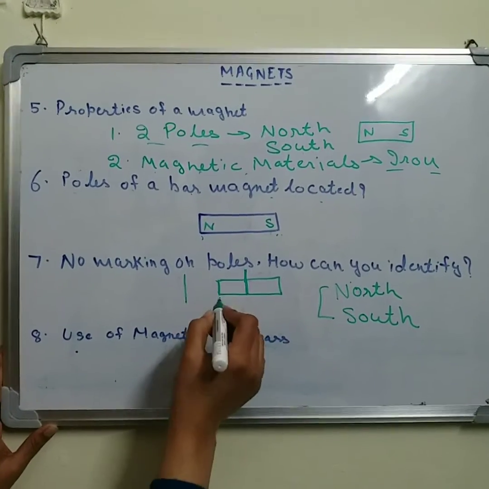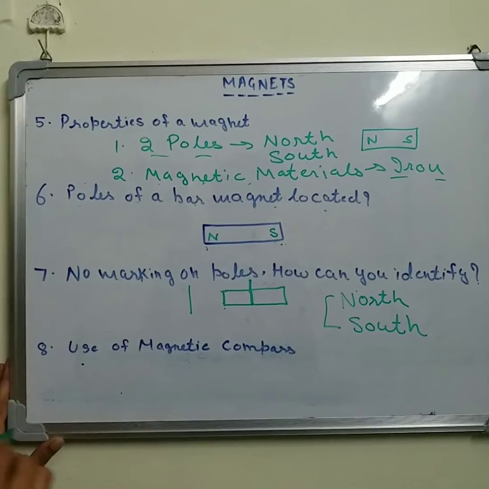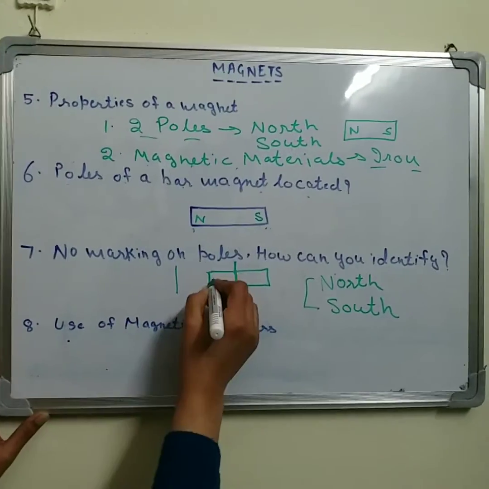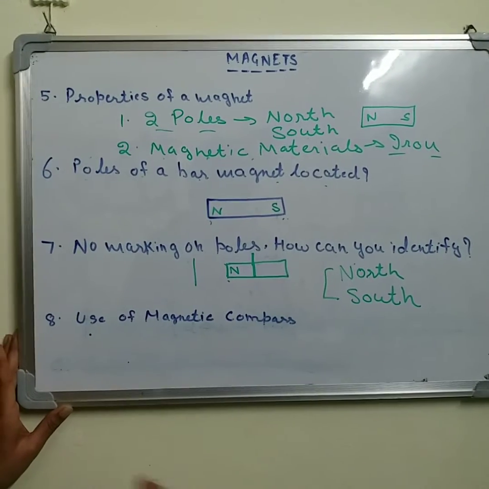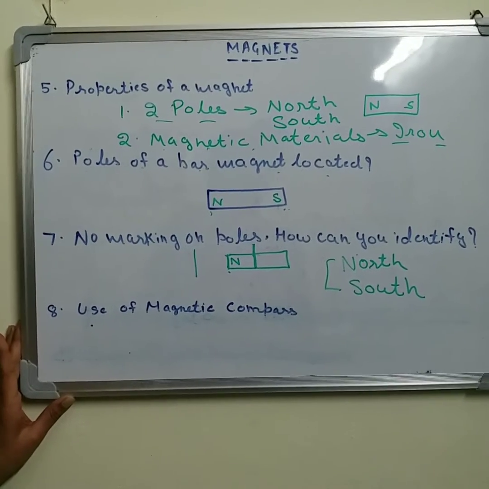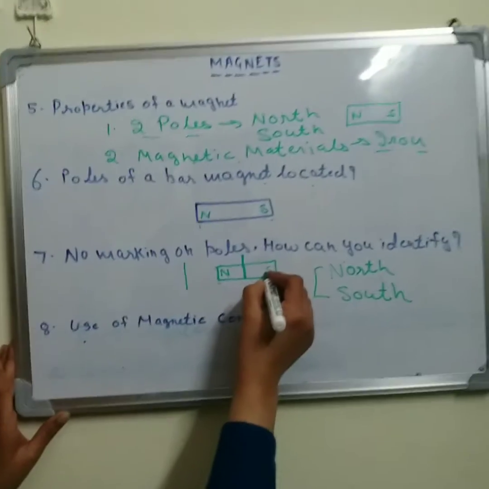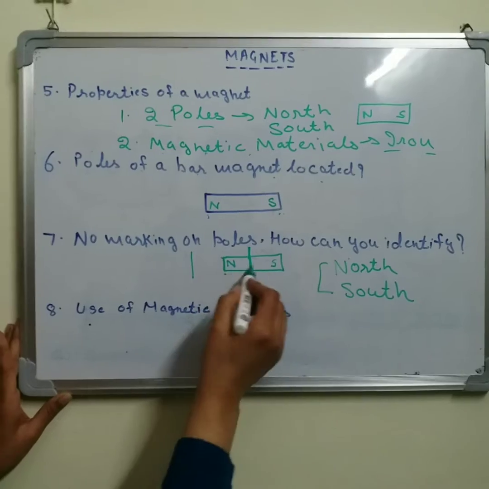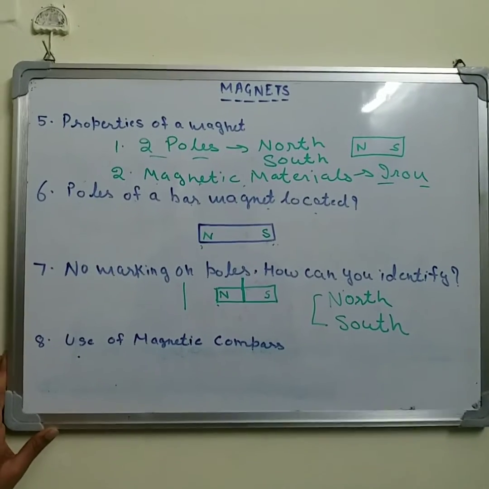The side of the magnet which faces towards the north is your north pole, and the side which faces towards the south is your south pole. So we can easily find out which pole is the north one and which is the south one.